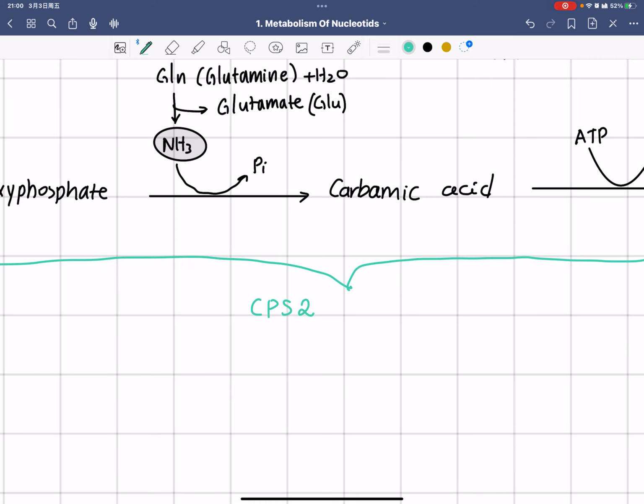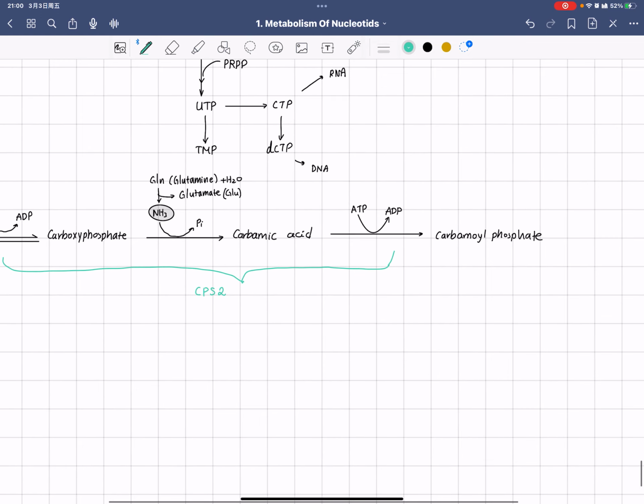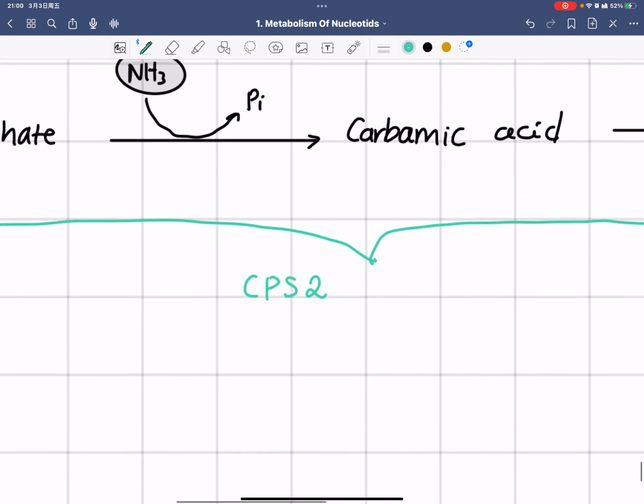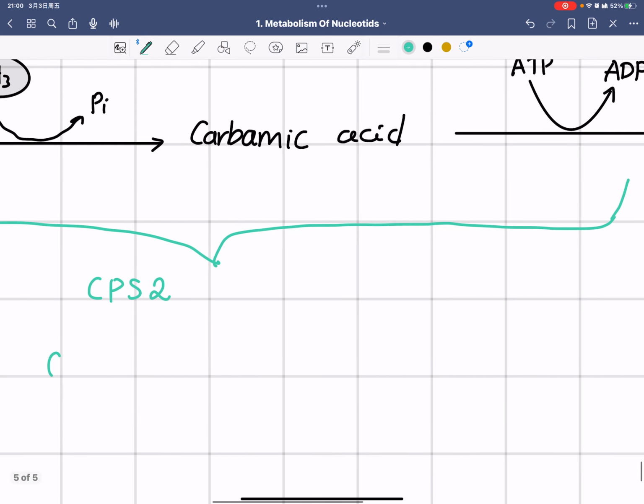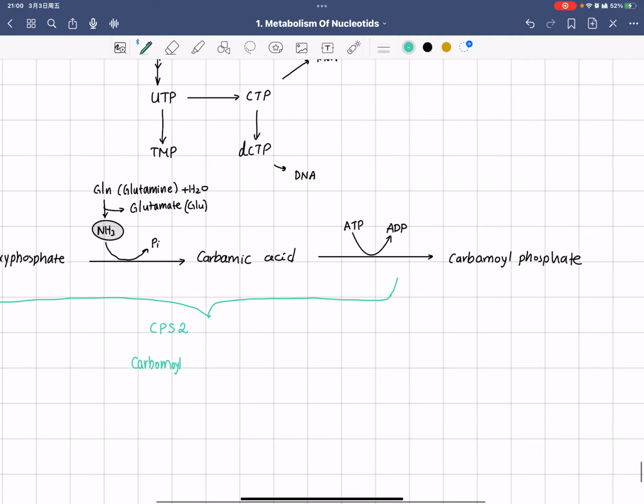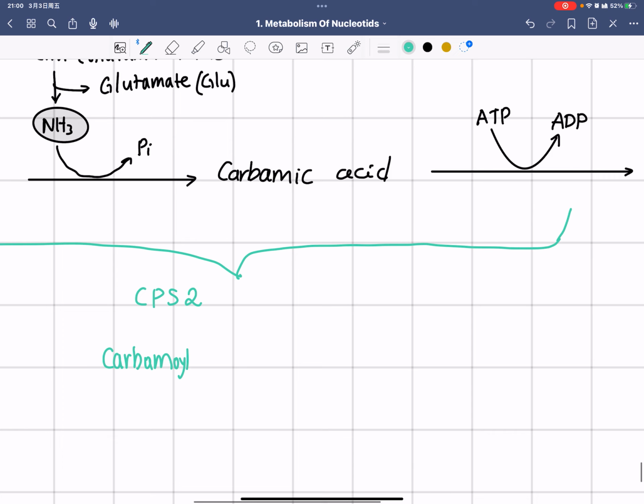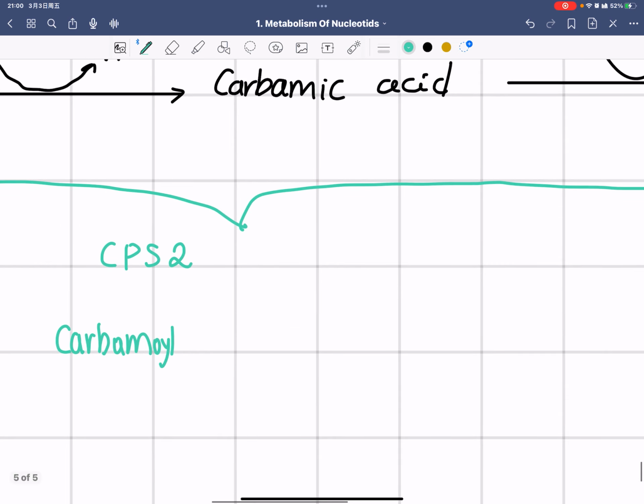And the full name is, you guessed it, of course, we're making carbamoyl phosphate. What else could you call it? It's carbamoyl phosphate synthetase.